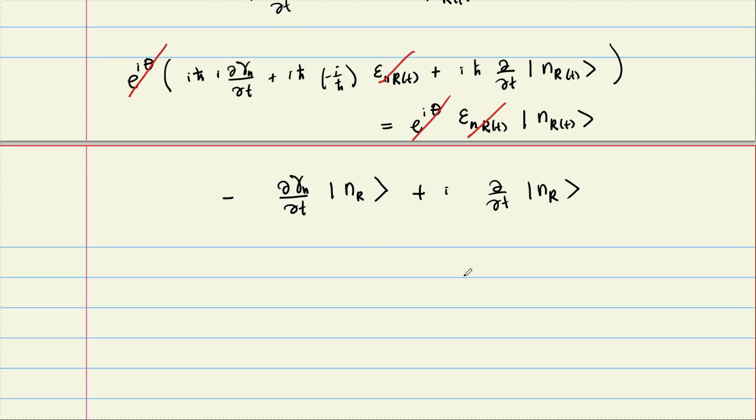Right. Now I take the product with n of R on both sides. Did I miss an overall sign? Oh yeah, no. This entire thing is equal to 0, right? So then the integral will give del gamma n del t equal to i times n of R del t n of R.